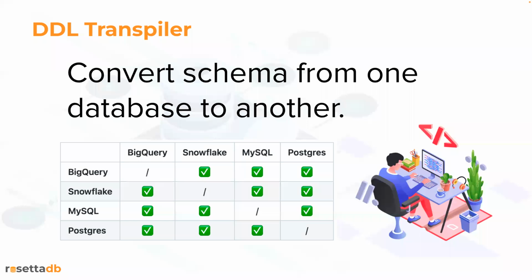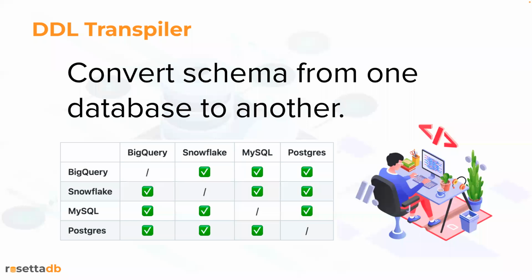The reason these are the first 4 supported databases is that our team had a lot of experience and was involved in different projects, helping clients migrate to BigQuery or build their data warehouses on Snowflake. And MySQL and Postgres were very popular and widely used, so those were the first databases that were supported.